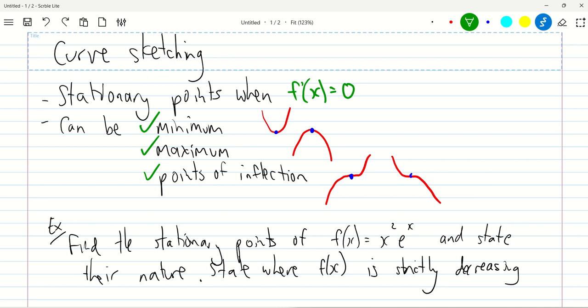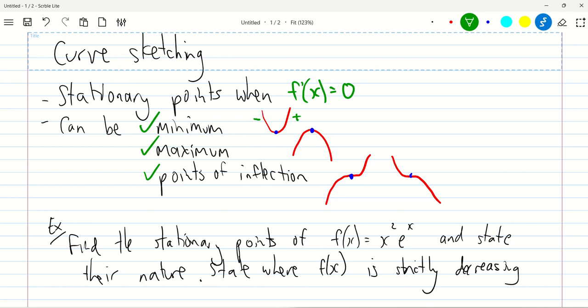Okay, so just before we get into an example of how we find these things, let's have a think about the gradient at each point. Looking at the minimum, let's think about the gradient to the left of that turning point. The gradient as it goes downhill will be negative. The gradient as it goes uphill will be positive.